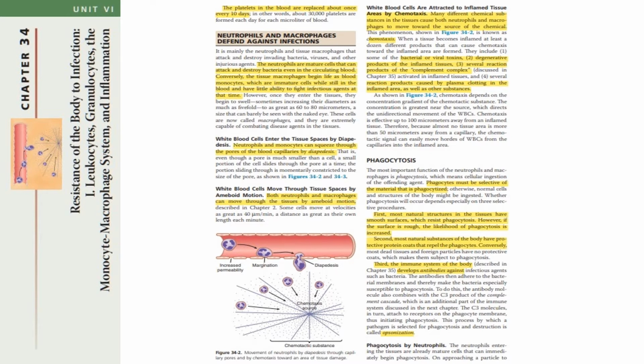Number 3, the immune system of the body develops antibodies against infectious agents such as bacteria. These antibodies then adhere to the bacterial membrane and thereby make the bacteria especially susceptible to phagocytosis. The process by which a pathogen is selected for phagocytosis and destruction is called opsonization.